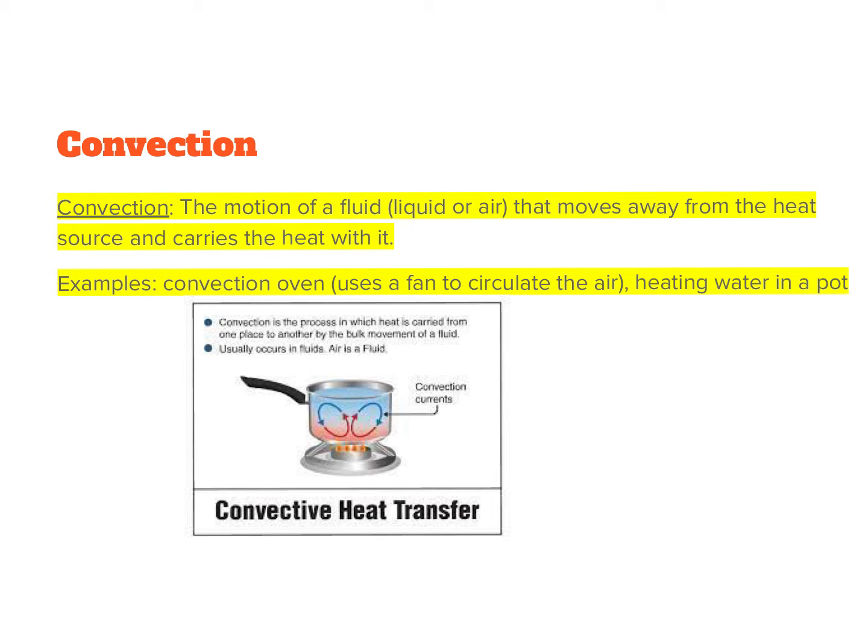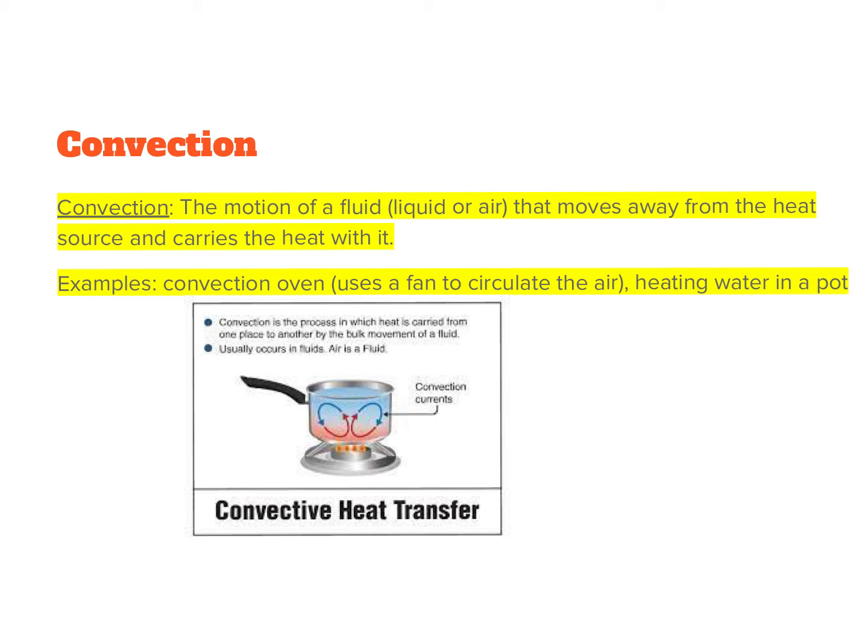Okay, let's focus on convection first. So what is it? Well, convection, it's the motion of a fluid, which a fluid could be a liquid or air, that moves away from the heat source and carries the heat with it.